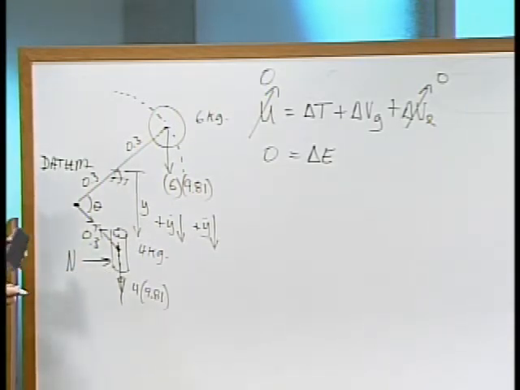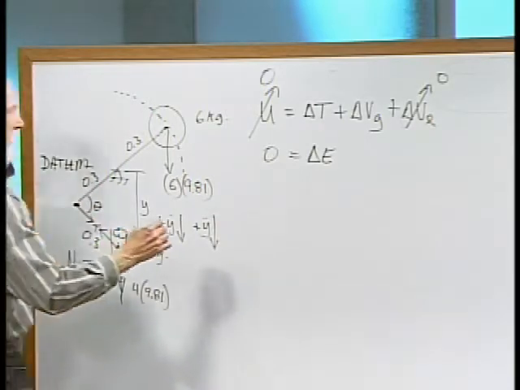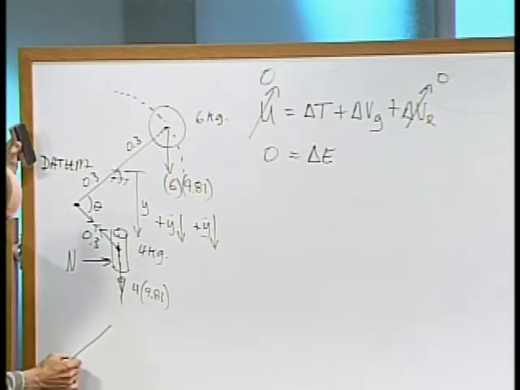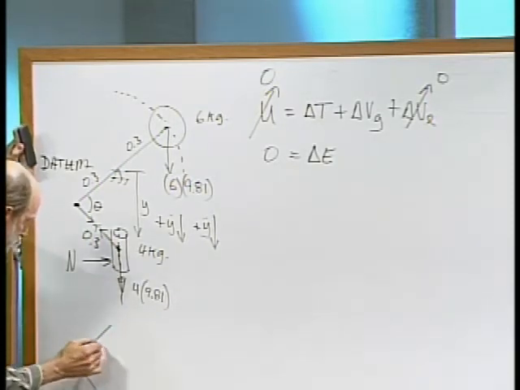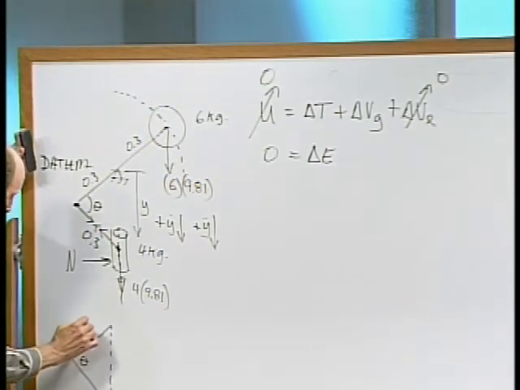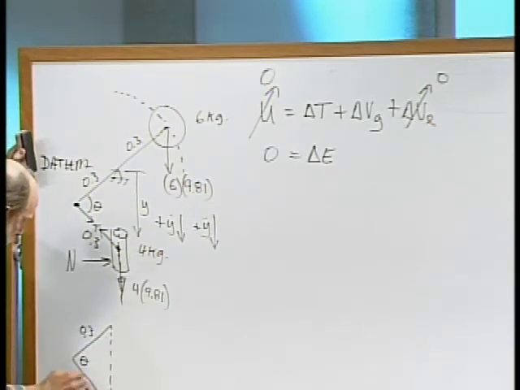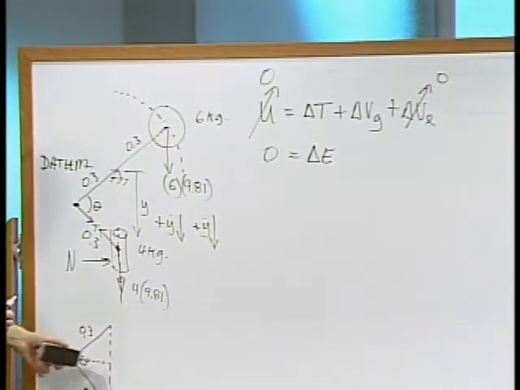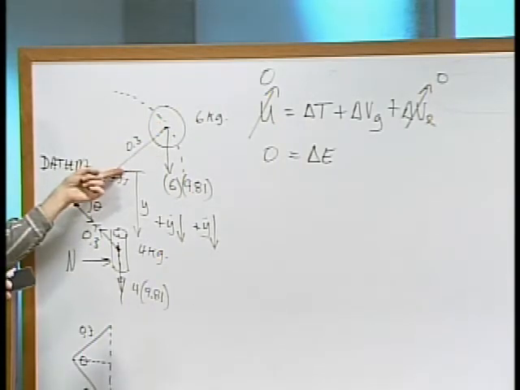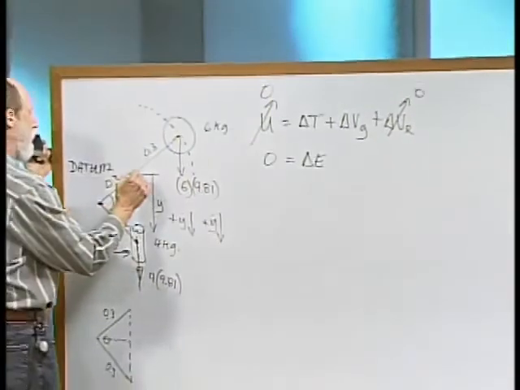Okay. Now, if this is isosceles, I guess we better look at a little more geometry here. If we have an isosceles relationship here with this defined theta, and that being 0.3 and 0.3, then if we split this in half horizontally like this, then that means half of theta is the angle that this mass sits above the horizontal.